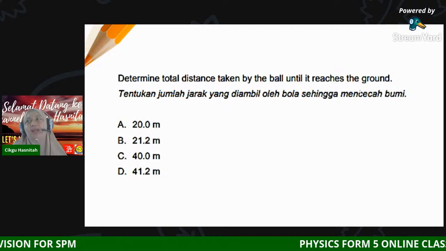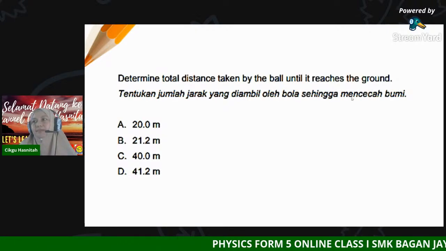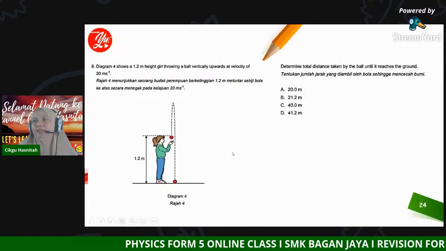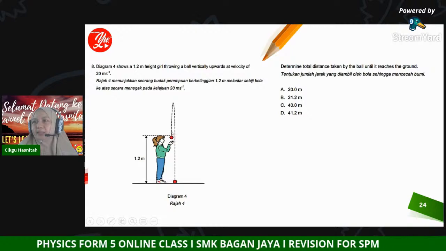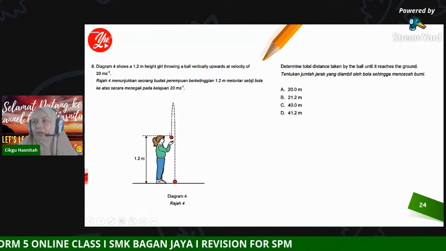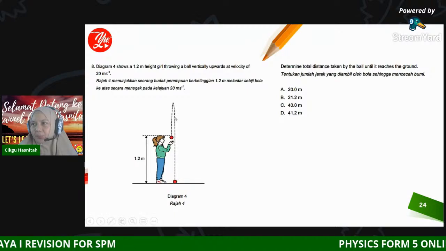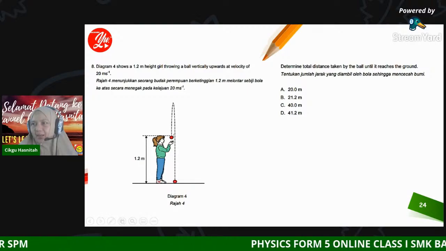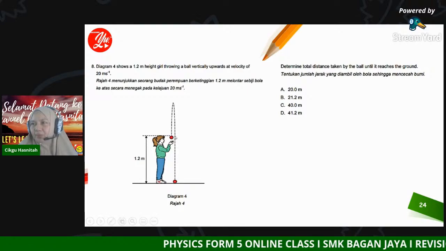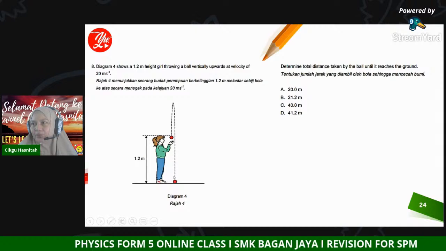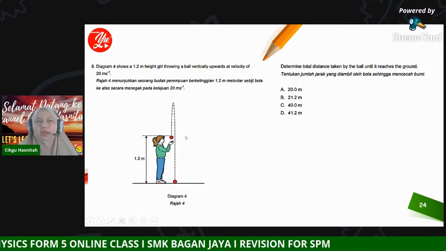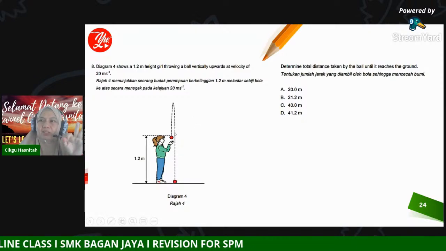Okay, so how to find the total distance? The total distance means the distance when you throw the ball upward, and then the distance when it comes back to this height, plus this distance from here until it drops to the ground. So we have 3 distances to be considered.